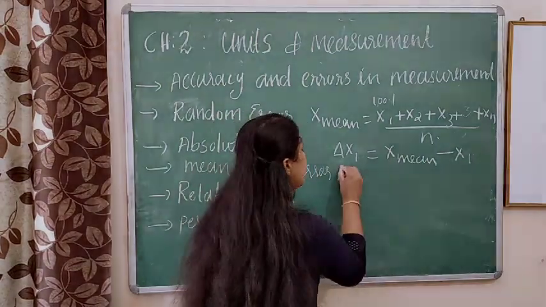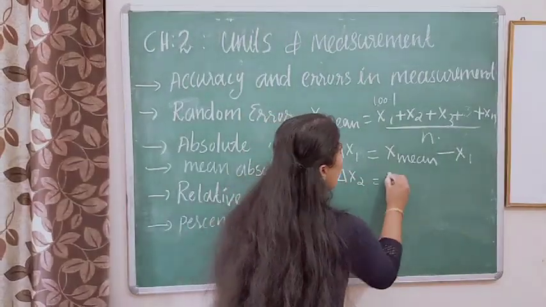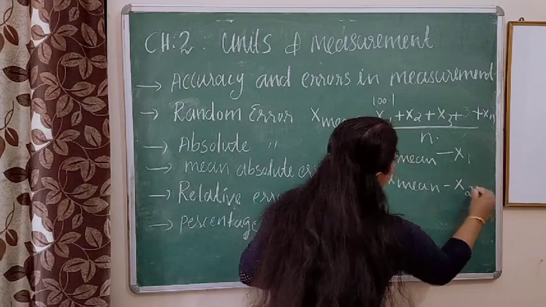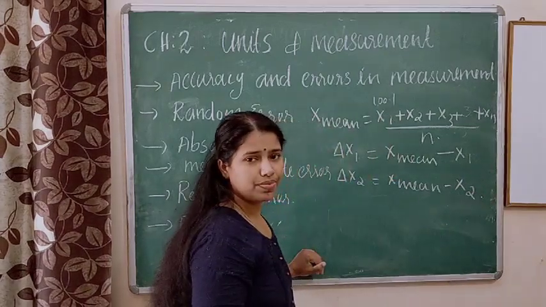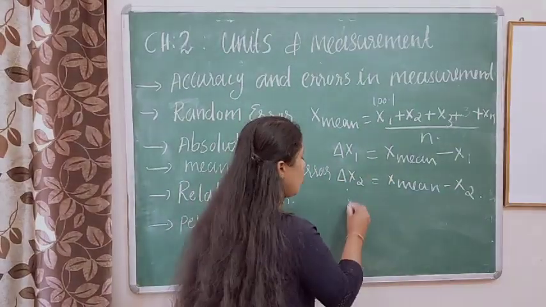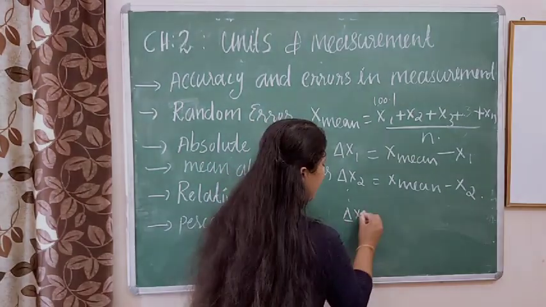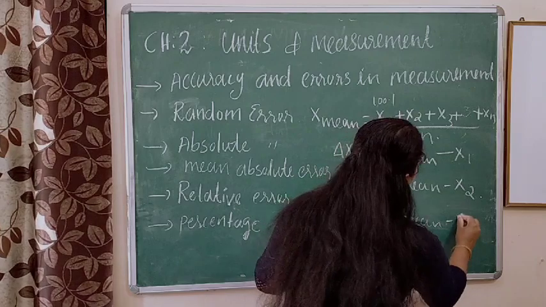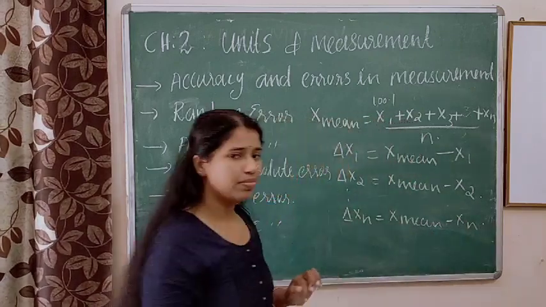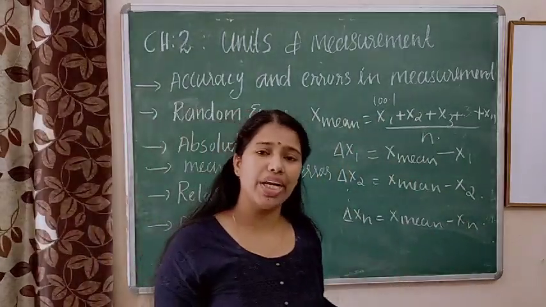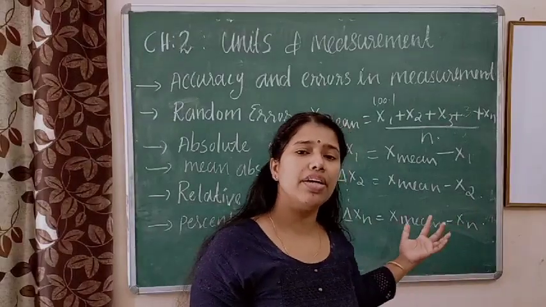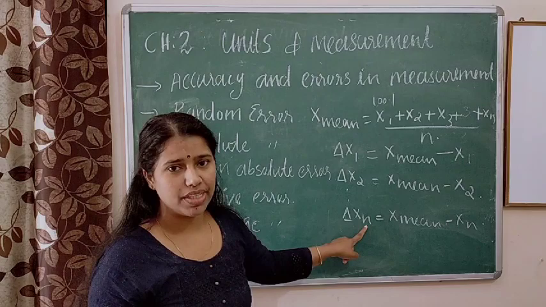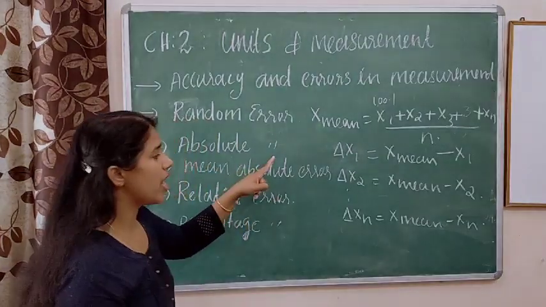Similarly, we can calculate delta x2, x mean minus x2. Similarly, up to n values, delta xn, x mean minus xn. How many readings are we taking? If 5, then up to 5, n means 5. That's the second step, the difference we are calculating.